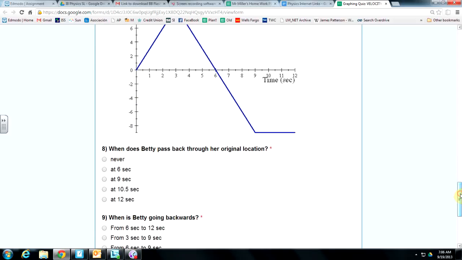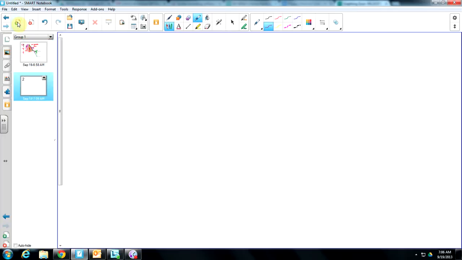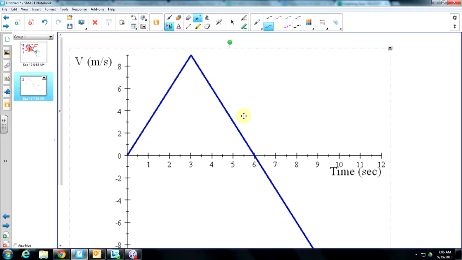When does Betty pass back through her original location? Well, we've already figured out that at 9 she hasn't come back yet, because if we look back here, and maybe I'll make another graph here, we know that in this zone right here she went 27 meters.